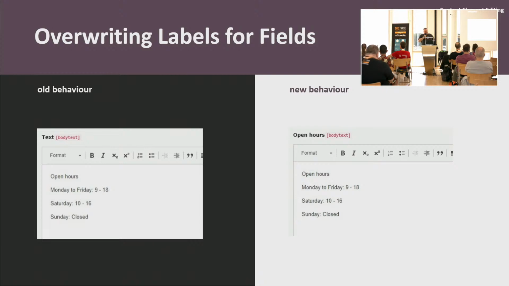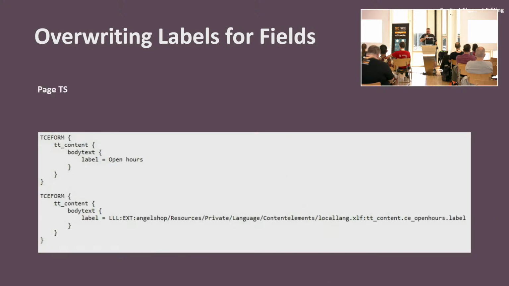You want to override the label as an integrator, and you don't want to work with locallang files. That you can do with the TCEFORM. You can here override all labels with a simple string, or you do it with the xlf files.